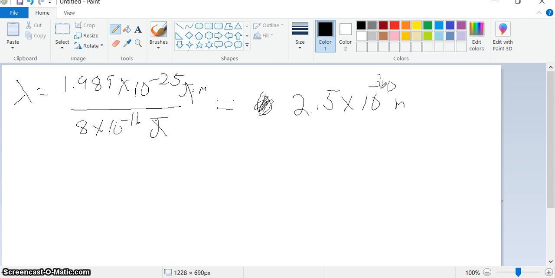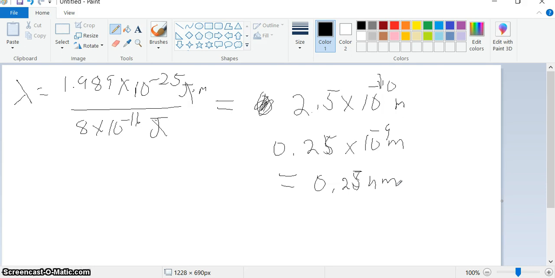If you move the decimal place one place to the left, it would be 0.25 times 10 to the minus 9th meters, which of course would mean that the wavelength of this would be 0.25 nanometers. Of course, you could have done that more directly. Obviously, I did it this way just to show you guys that you can do different conversions.